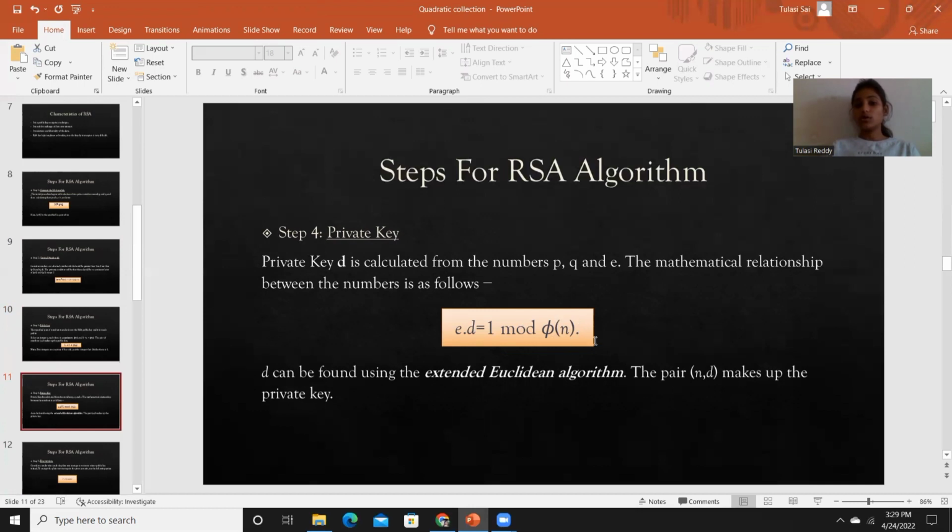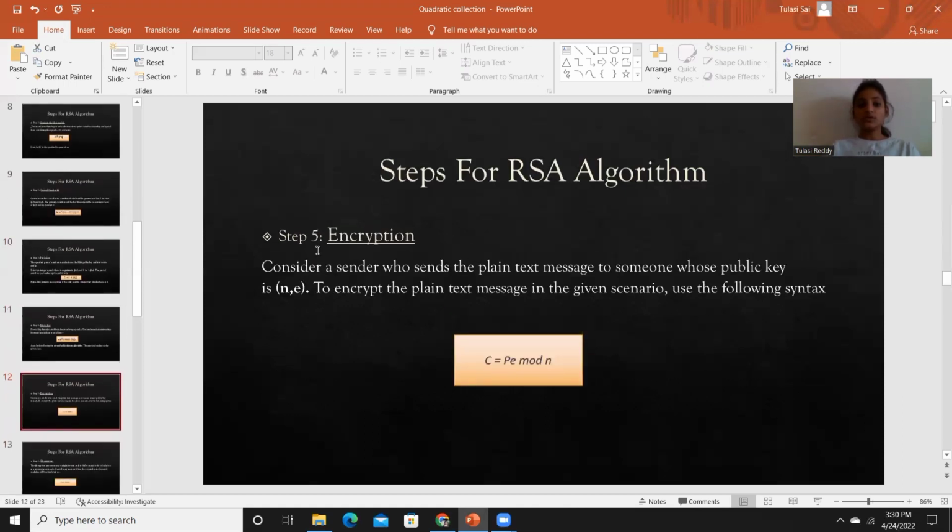We know that psi of n equals p minus 1 and q minus 1. So D can be found using the extended Euclidean algorithm. The pair n comma D makes up the private key.